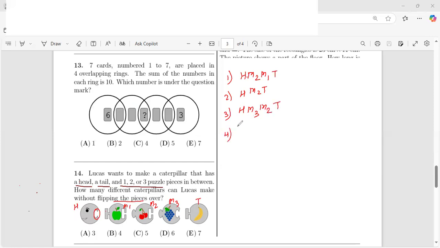And what would be the fourth combination? You could have the head, you could have an M3, then you can have an M2, and then you can have an M1 and the tail. So these are the 4 combinations that are possible. So the answer for this is D.